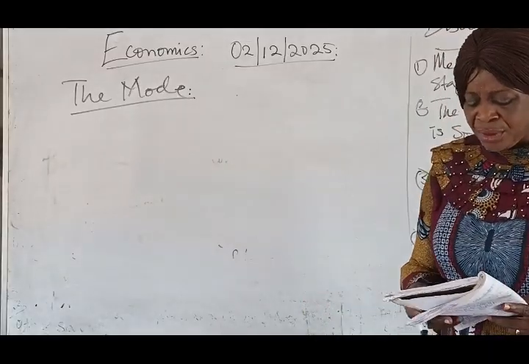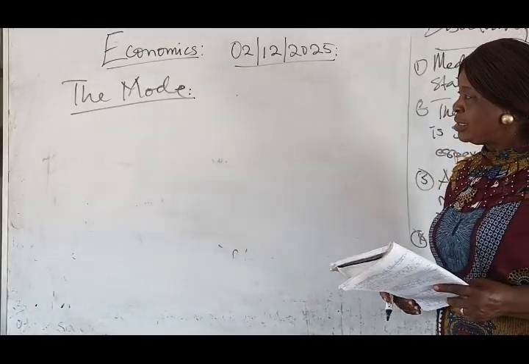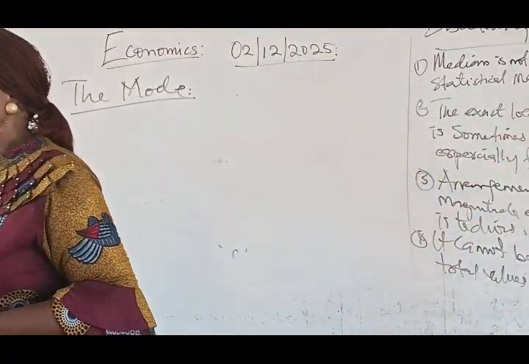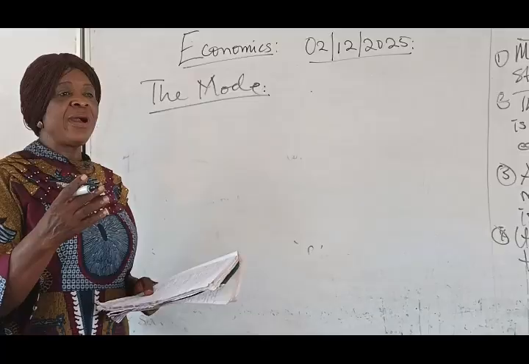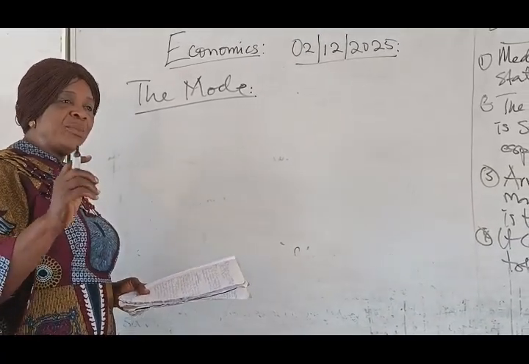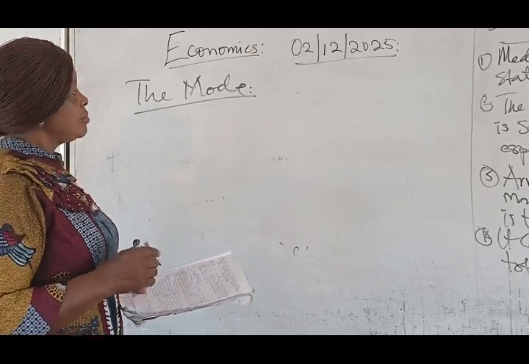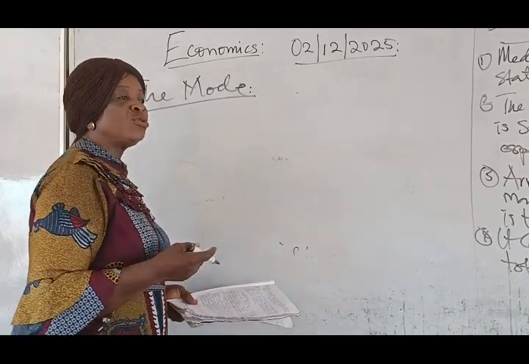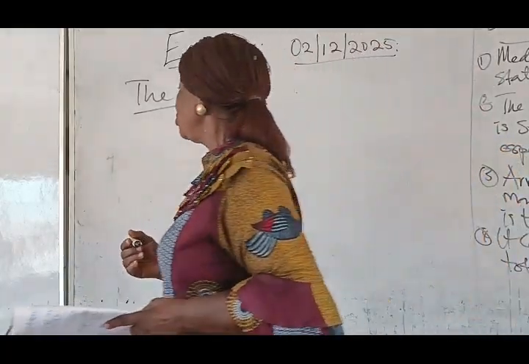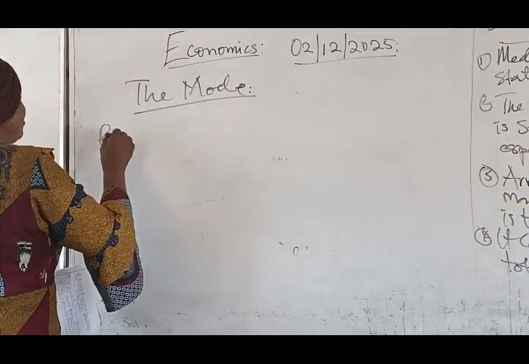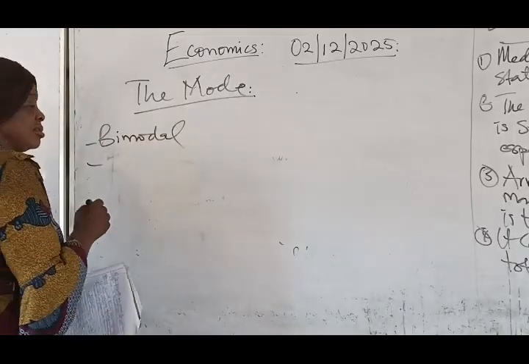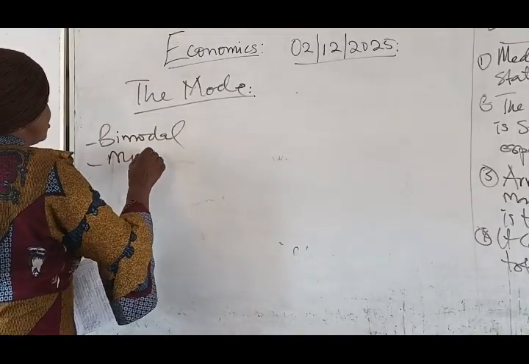Now, when you are asked to calculate the mode of any set of distribution, sometimes you may discover more than one mode. In that case, we call it bimodal. Sometimes you discover more than two modes. In that case, you call it multimodal.